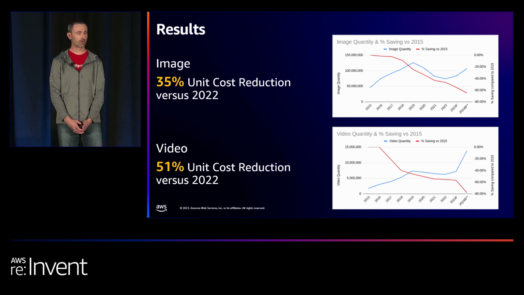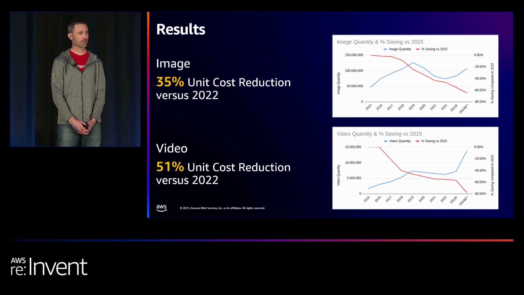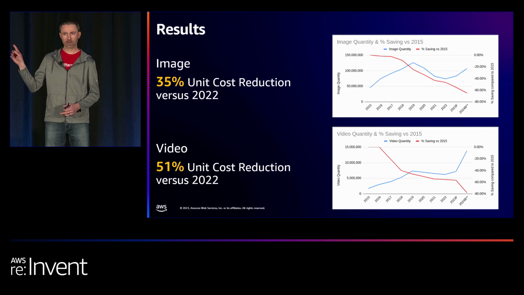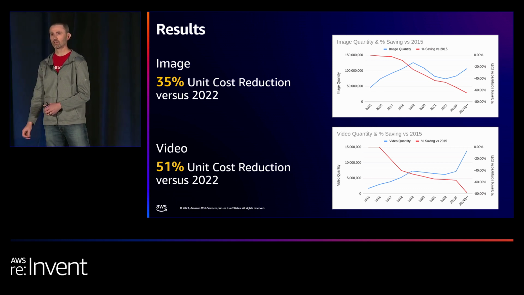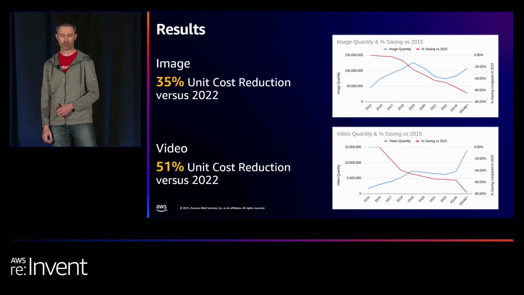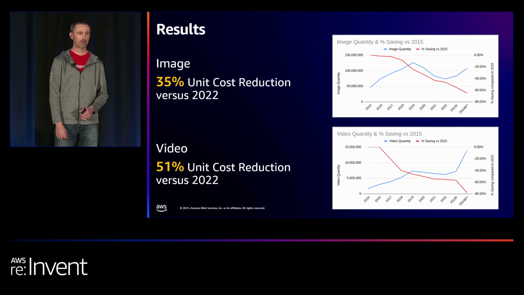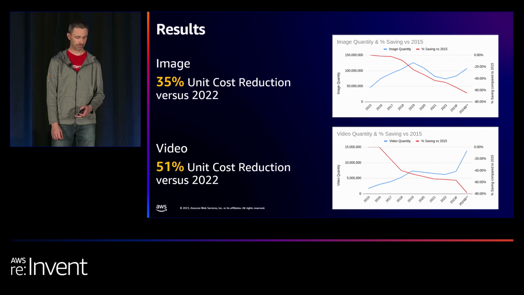On the video standpoint, the impact was even greater at 51%. But there's a larger financial impact as video content also takes more time to review and thus is more costly. And this was magnified by the fact that there was a large spike in submission volume in blue. So having this unit cost reduction was critical for being able to manage our costs.